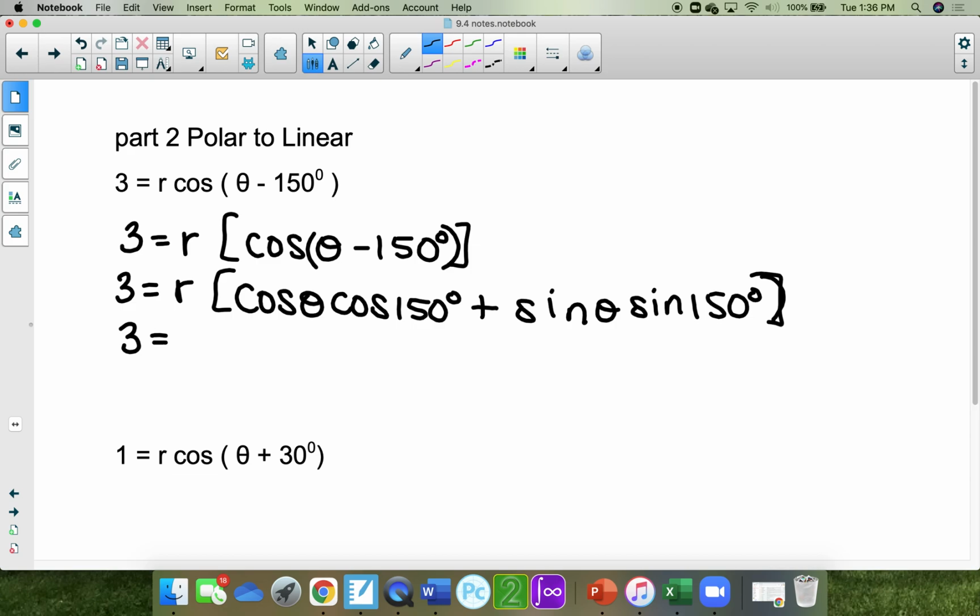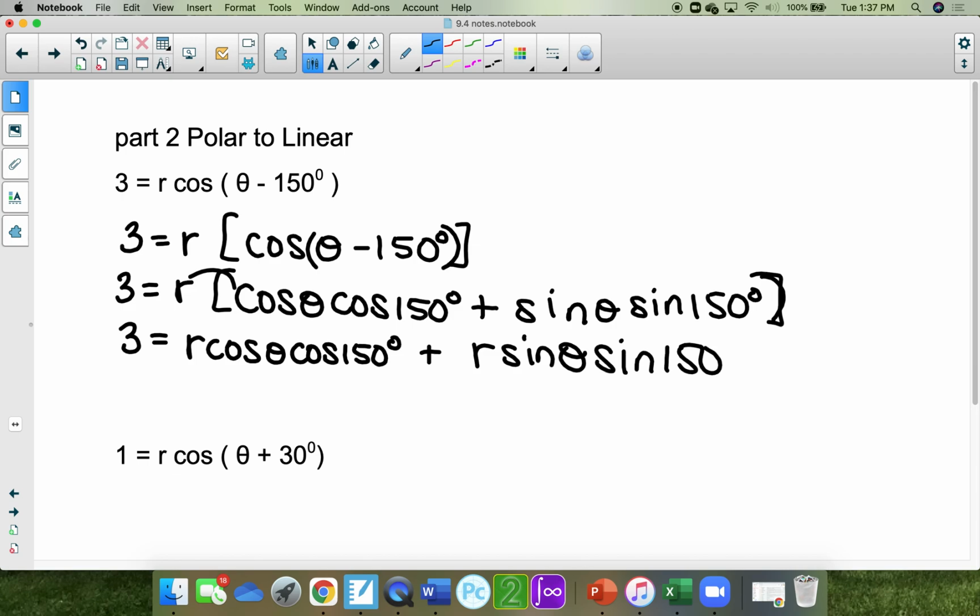Three is equal to, you're going to put the r on both of them, so it's going to be r cosine of theta, cosine of 150, plus r sine of theta, sine of 150. Draw a picture of 150 degrees, which is right here.